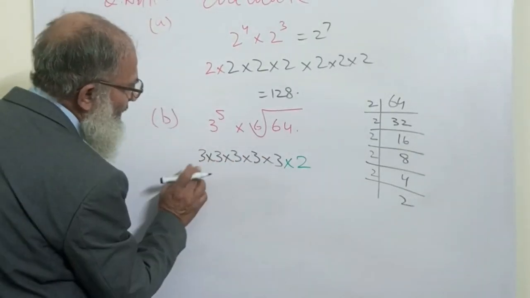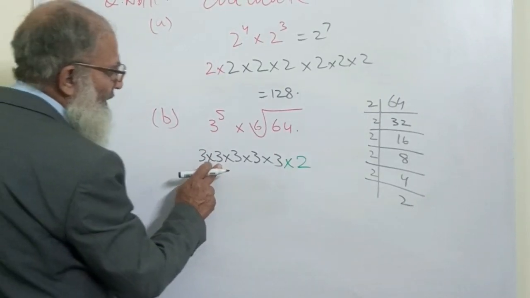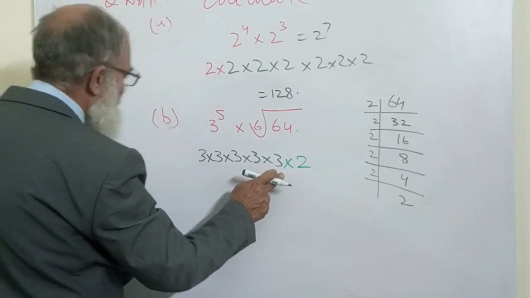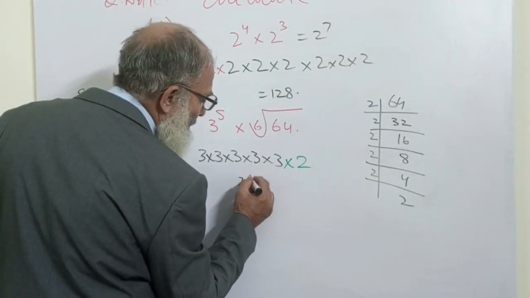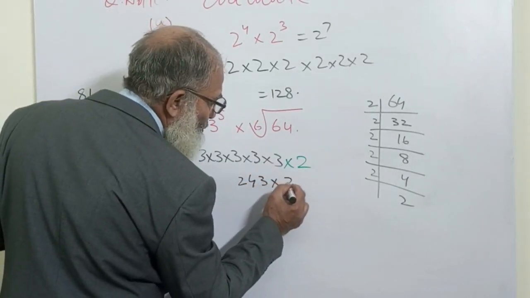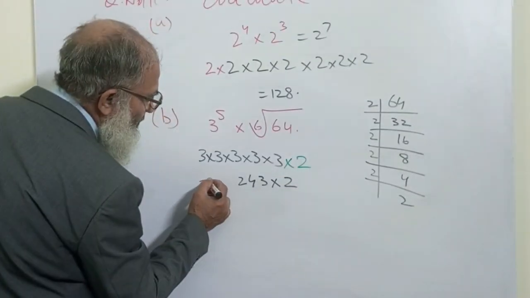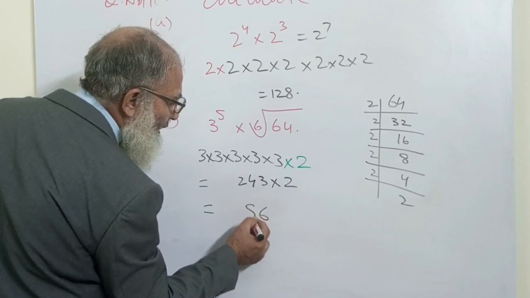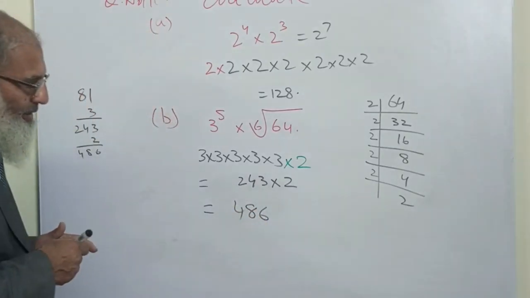Now what is the answer here? 9, 27, 81, and 243. 243 multiplied by 2, and what does it come? 2, 6, 8, and 2, 4. 486 is the answer.